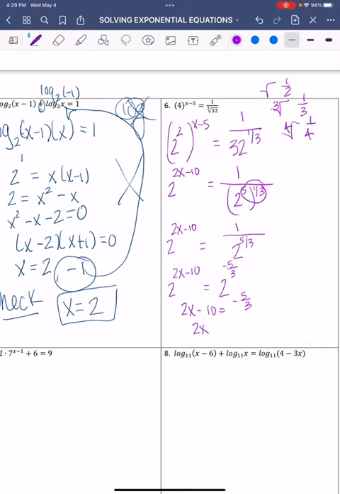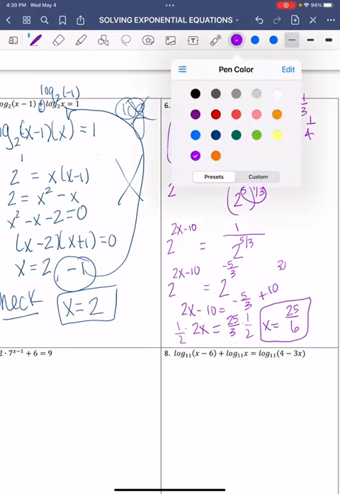Add 10 to both sides. Let's see. I think that's 25/3. I don't know, that is 30 over, yeah. And then divide both sides by 2, and you get 25/6. When you divide by 2, it's the same thing as multiplying by 1/2. 25/6.